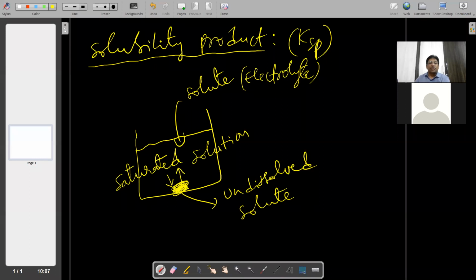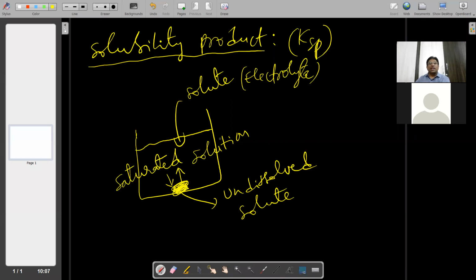We discussed in the solutions topic in which type of solution dynamic equilibrium will exist. A saturated solution means the solution which contains exactly the required amount of solute. In this saturated solution, there will be dynamic equilibrium between the undissolved solute and the saturated solution.